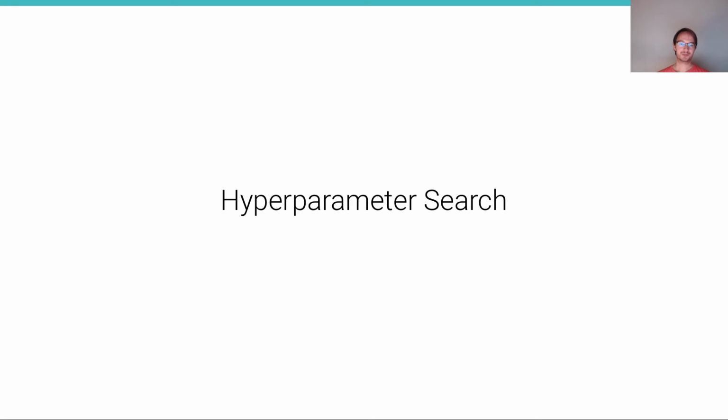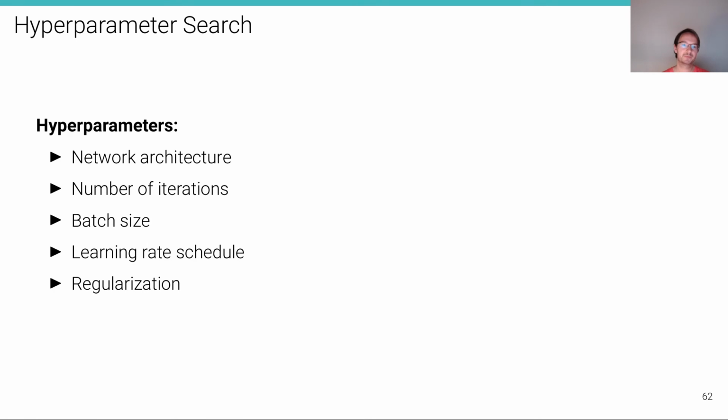It's also important to choose the hyperparameters well. What are hyperparameters? Hyperparameters are all parameters that are not optimized by the gradient descent optimization algorithm itself.